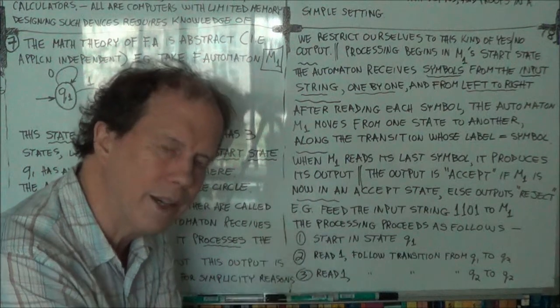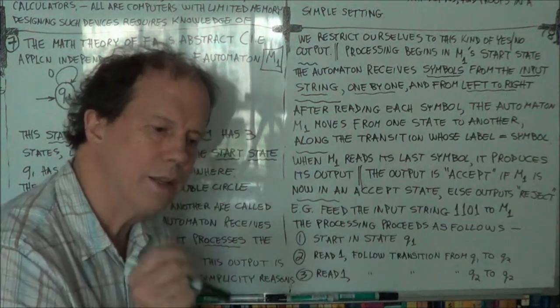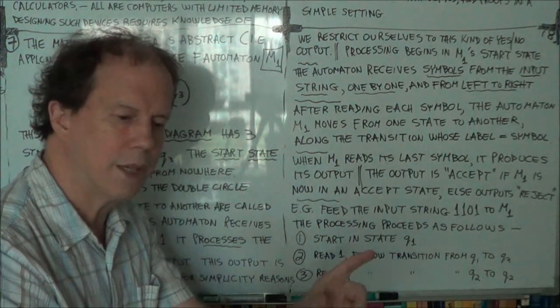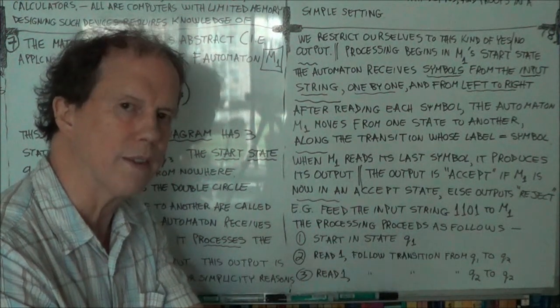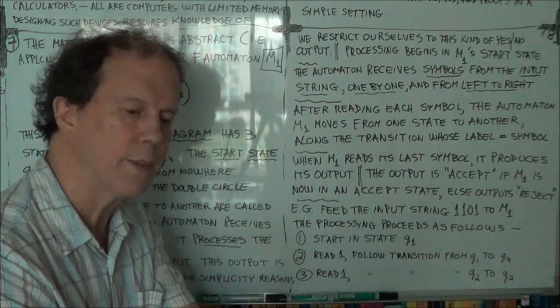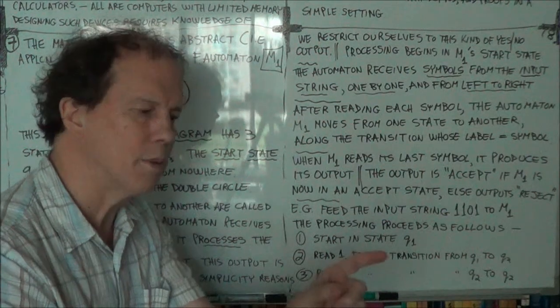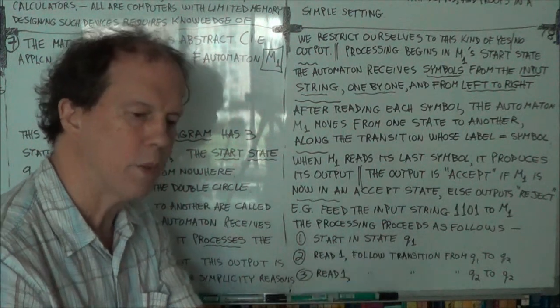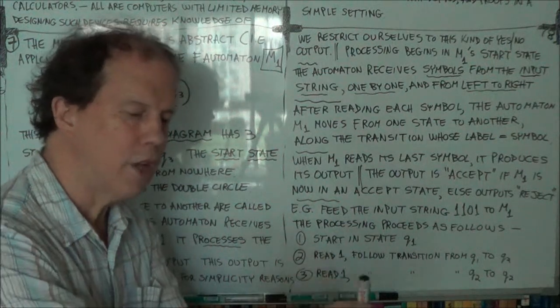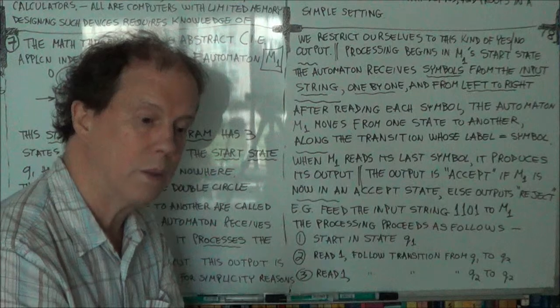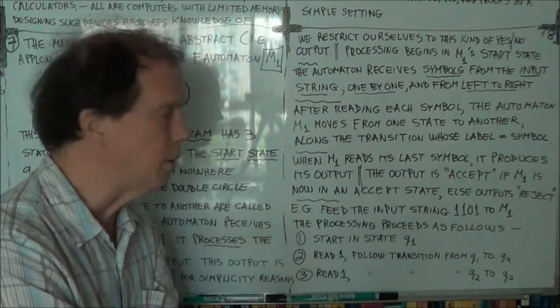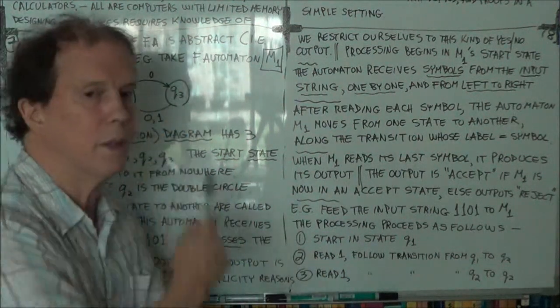I mean, think about it. Take any two sets of input strings, we'll call them set A and set B. Any string in set A will generate the output accept from this automaton.